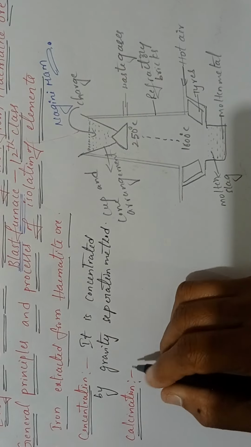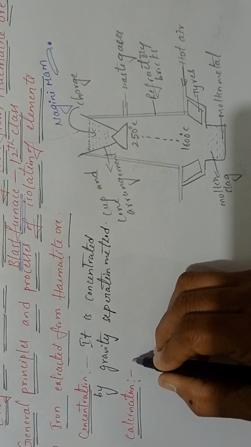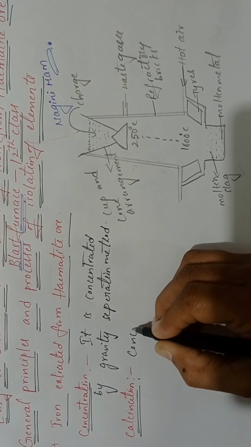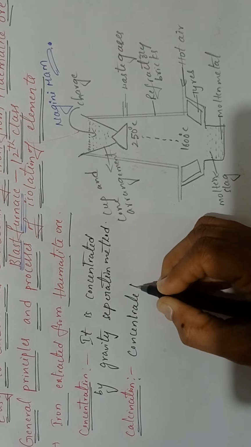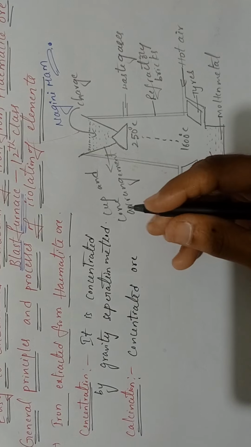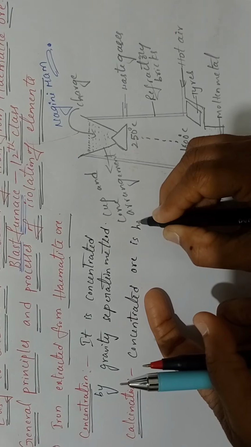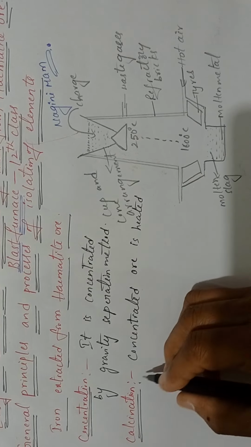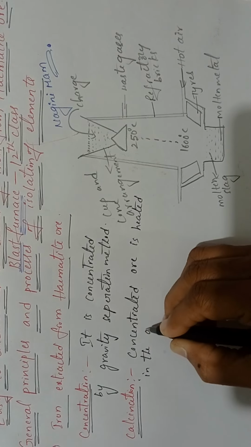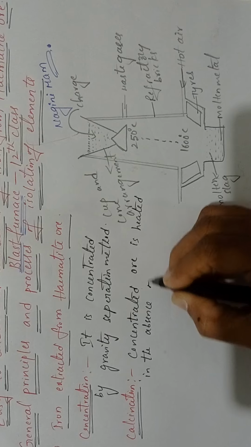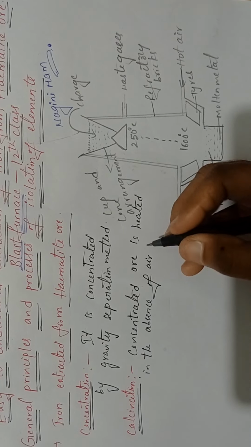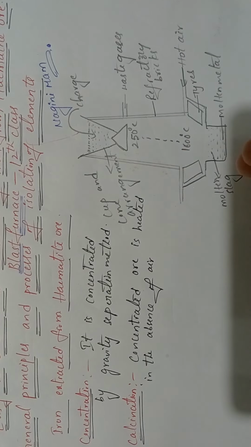Here, see students, calcination. In the calcination method, the concentrated ore is heated in the absence of air. Are you clear? By heating in the absence of air, what will happen, students?